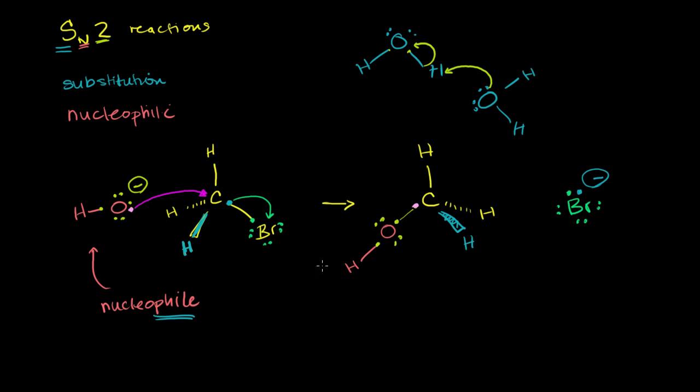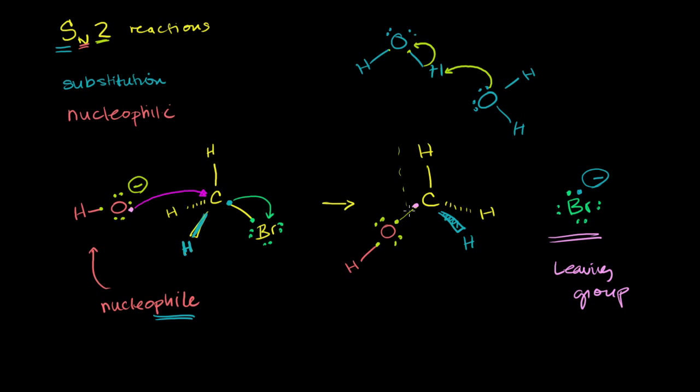And so here, just to make sure, the hydroxide is the nucleophile, and the bromine right here is the leaving group. And then the carbon, the thing that is reacting, that's getting substituted, where the bromine leaves it and the hydroxide joins it, that's called the substrate.